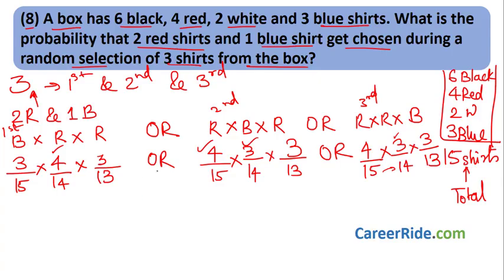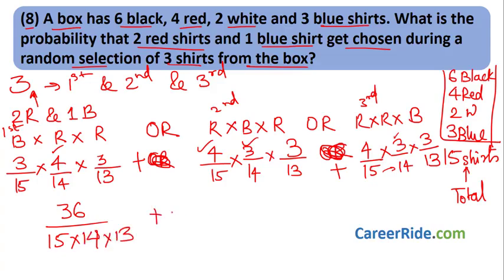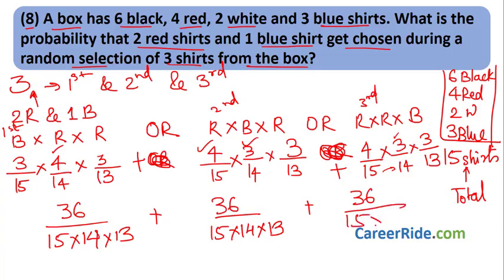What you will have over here? Or is nothing but addition. If you see everywhere it is 3, 4, 4, 3, that is 4, 3, 3, 4, 3, 3, 4 3s are 12, 12 3s are 36, divided by 15 into 14 into 13, plus you will get the same over here, 36 divided by 15 into 14 into 13.